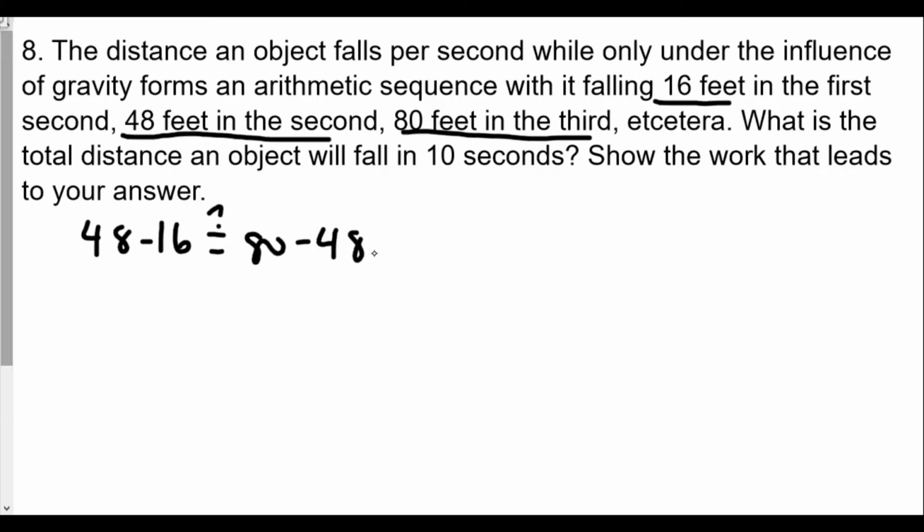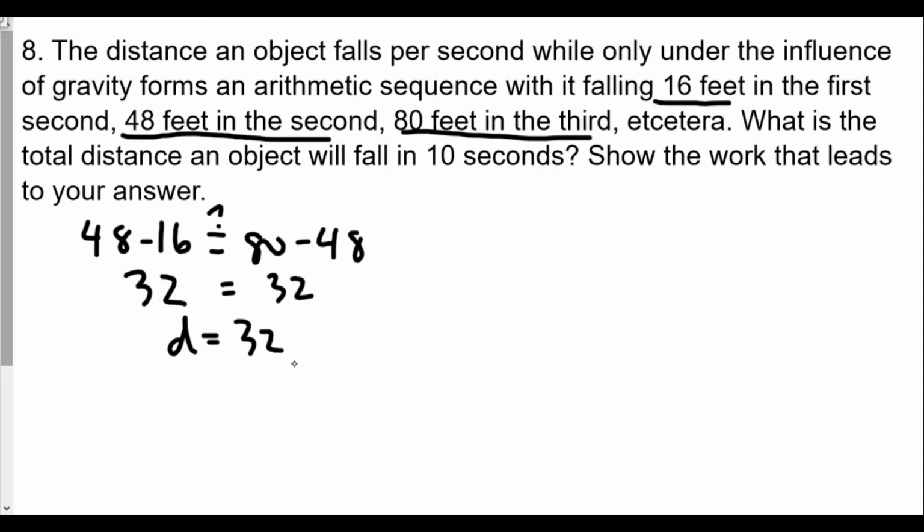So 48 minus 16 is 32, and 80 minus 48 is also 32. That means our common difference for this arithmetic series, because we're adding them all up, is 32. Now we want to figure out the distance it will fall in the 10th second.